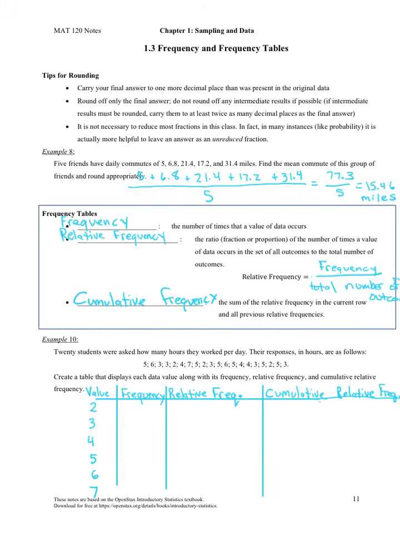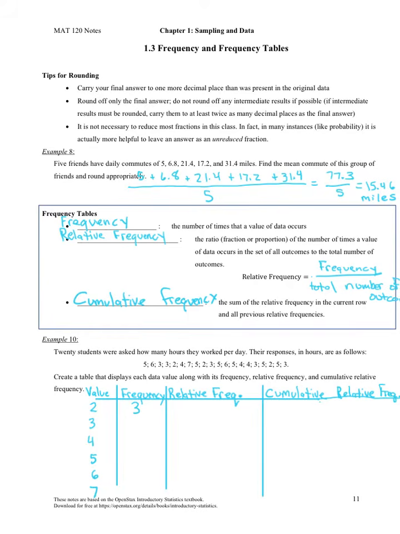Once you've filled in the data values, go ahead and count each number of times that the data value occurs. For instance, for the number 2, it occurs once, twice, and then 3 times. So we would write a frequency of 3.